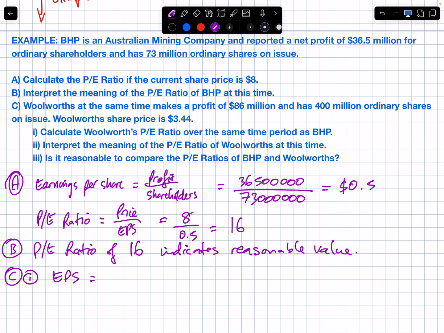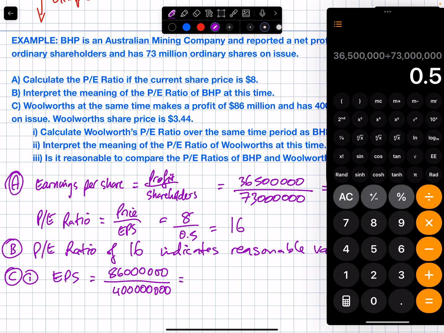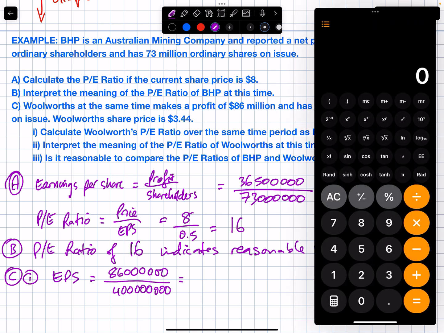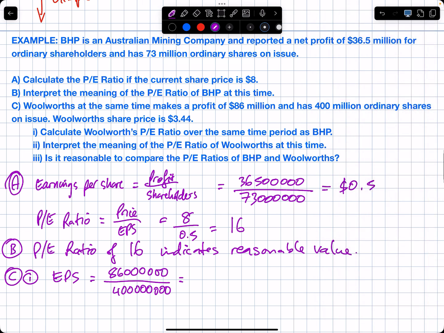EPS. I need to work out the earnings per share first. So it's 86 million over 400 million. Woolies is split up among many people. Divided by 400 million, 0.215. 21.5 cents earnings per share.